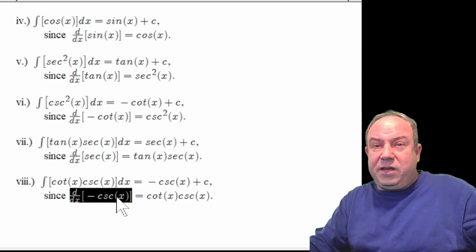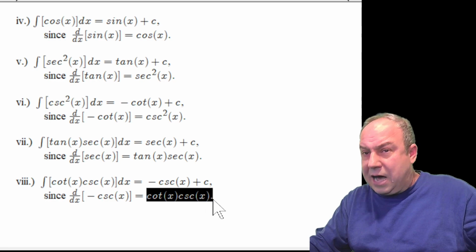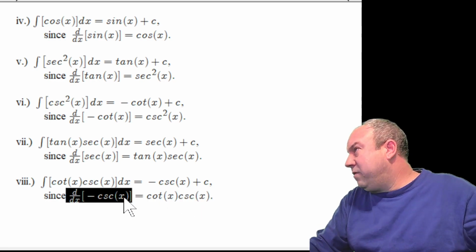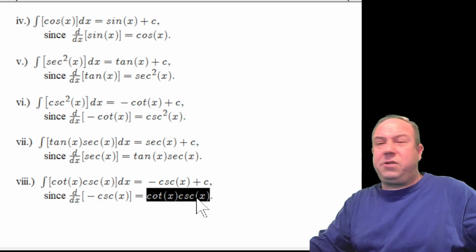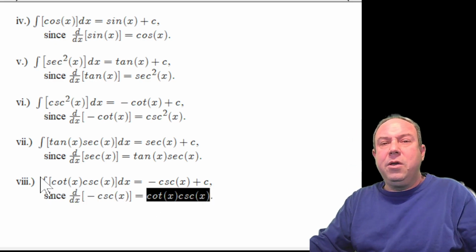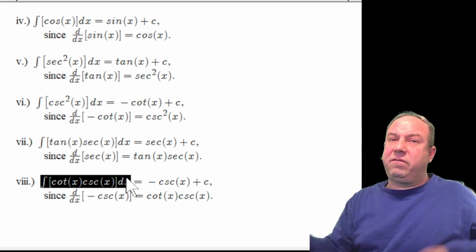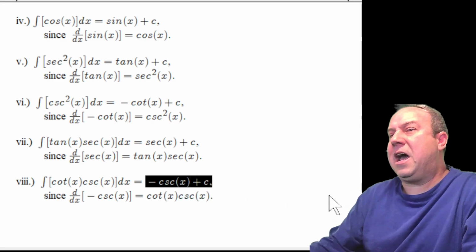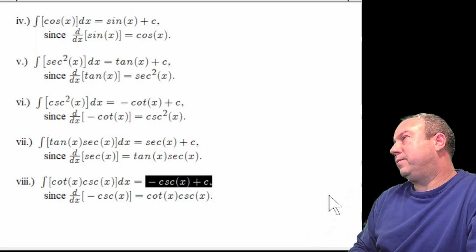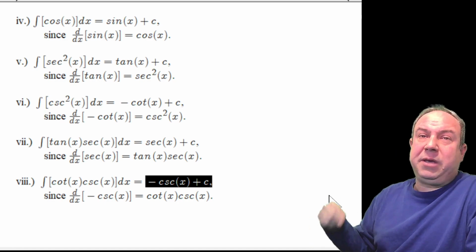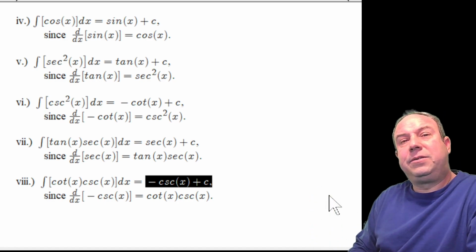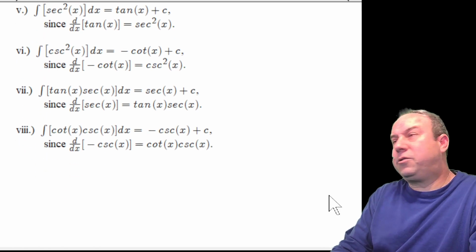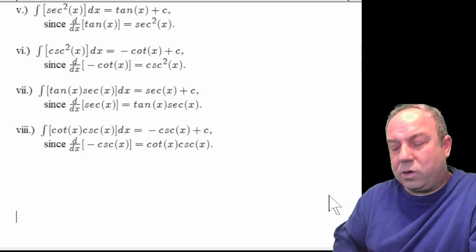And because the derivative of cosecant of x was opposite cotangent times cosecant, the derivative of opposite cosecant must be cotangent times cosecant, so the antiderivative of cotangent times cosecant is the opposite of the cosecant of x, plus c, c being any arbitrary constant. So that was 2 more. That takes us up to 8. We have 3 more to look at.